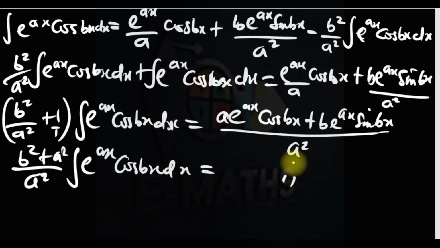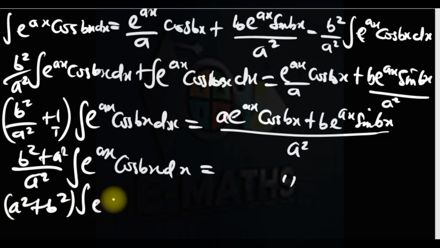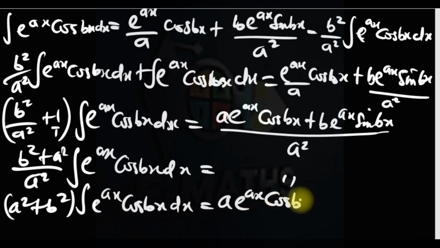What is common is a squared, so we can write a squared plus b squared, which is the same as b squared plus a squared, times the integral of e raised to power ax cos bx dx, equal to a e raised to power ax cos bx plus b e raised to power ax sine bx.